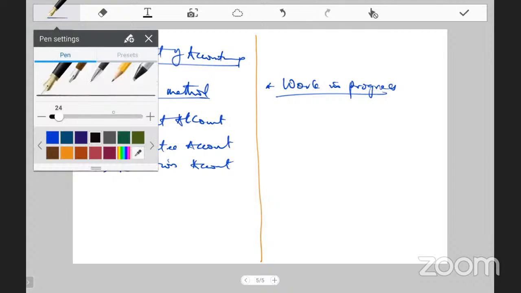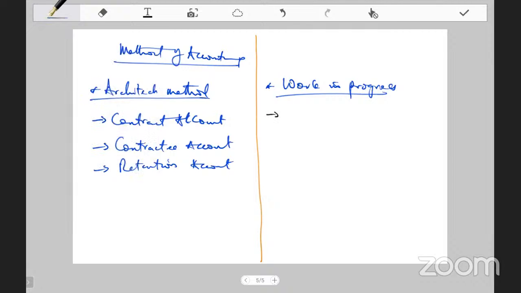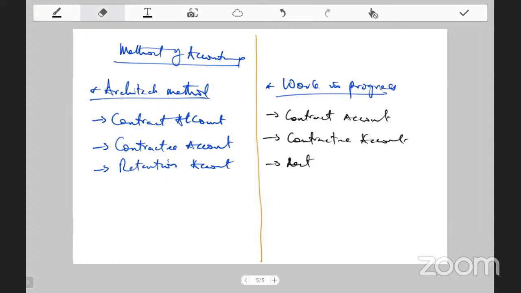While under the work in progress, we are still looking at the same ledger. You have the contractee account. You also have your retention account.